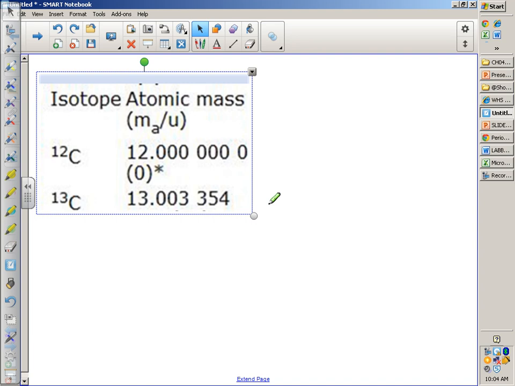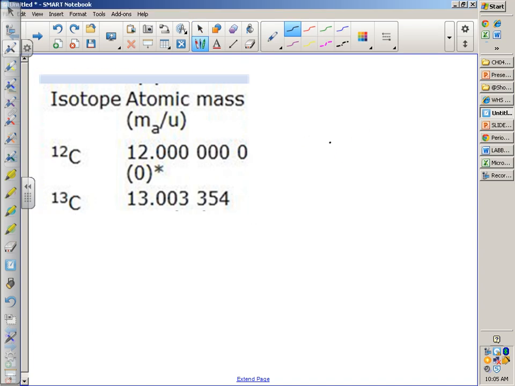So, the fact that both of these atoms are carbon should tell you what about them? John? They both have 6 protons. And John, you found that how? Okay, went to the periodic table, found carbon. Carbon's atomic number is 12. Okay, good there? Okay. Oh, sorry, 6. My bad. Okay. All right.